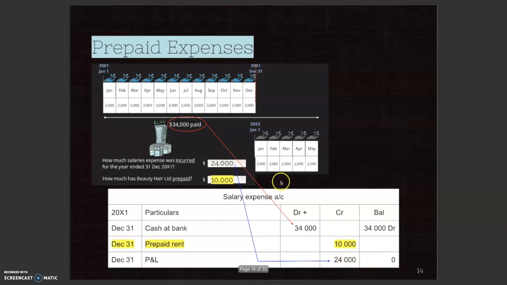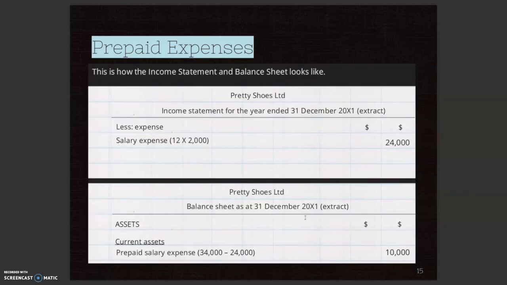Okay, so the 10K we will present it as a prepaid rent. We will put it on this side, in the statement of financial position, the balance sheet. Doesn't matter how much you have paid. 12 times 2,000 is the amount that should be reflected in your income statement. You paid more than you should. That's considered a current asset. You paid 10K more, so that is the amount that you will put there.